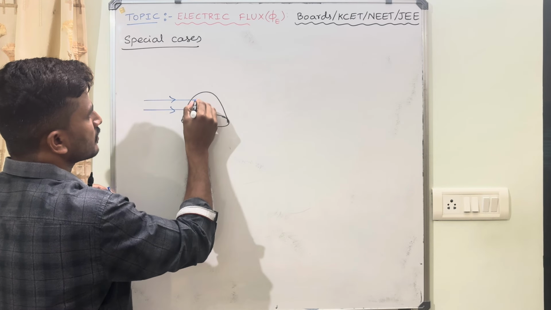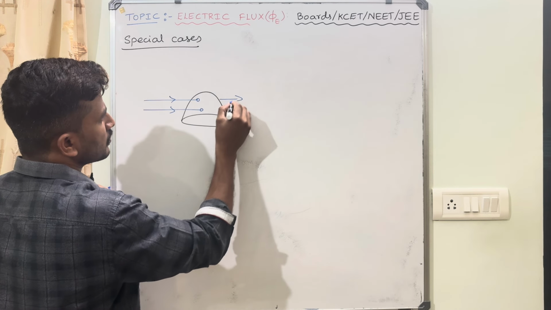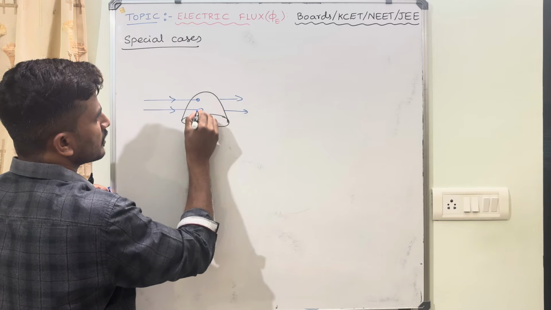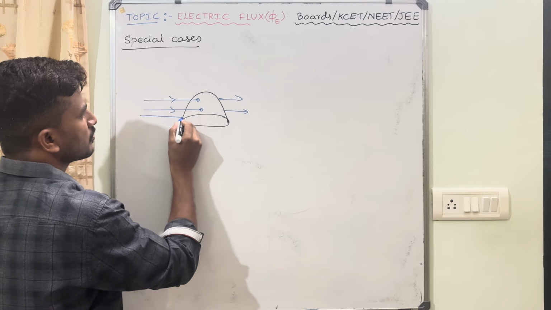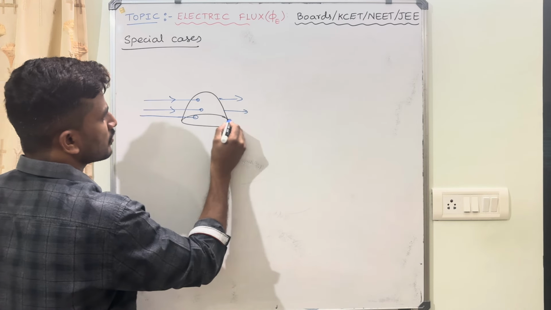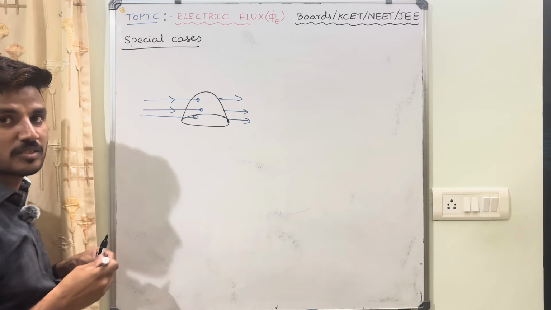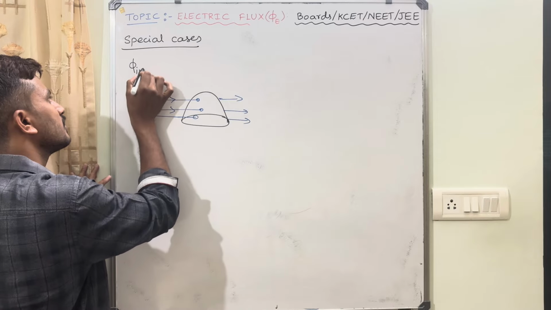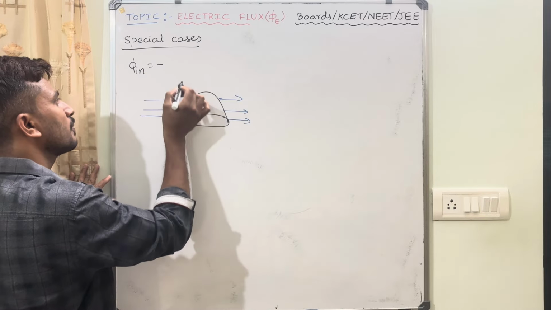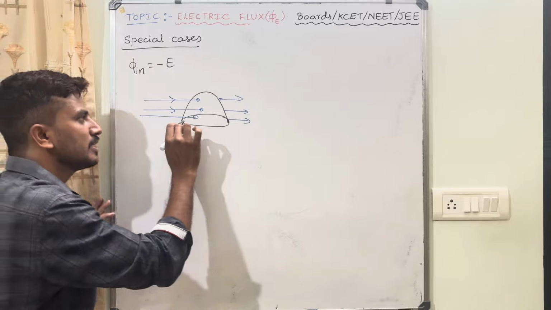Enters here and comes out. Enters here and comes out. So what is the flux now? Flux in is negative, given by E into this area.